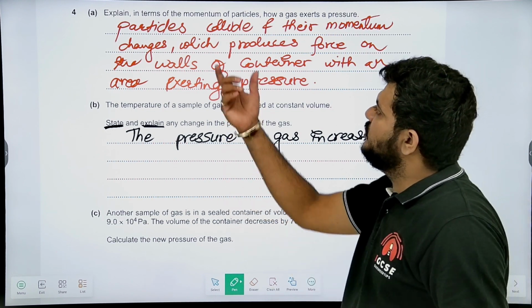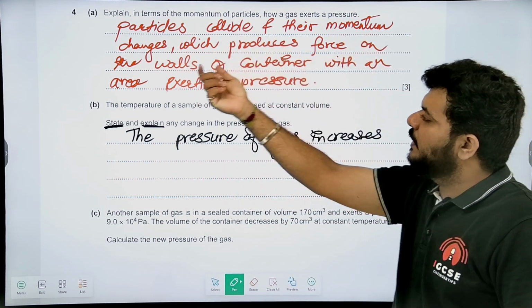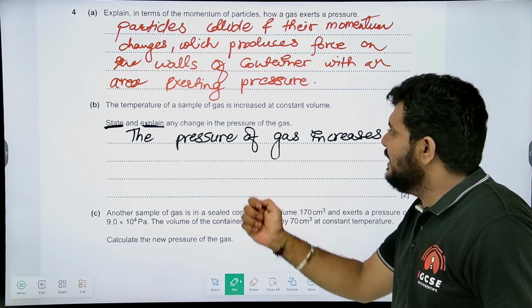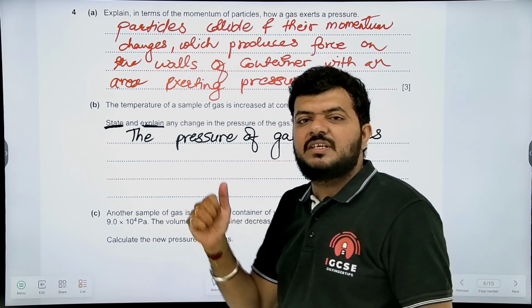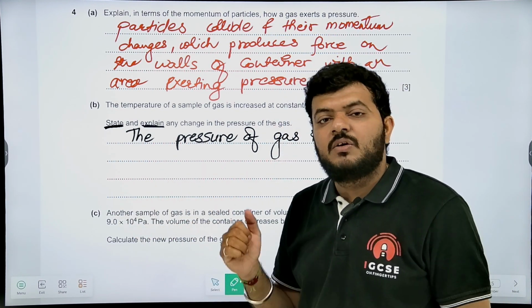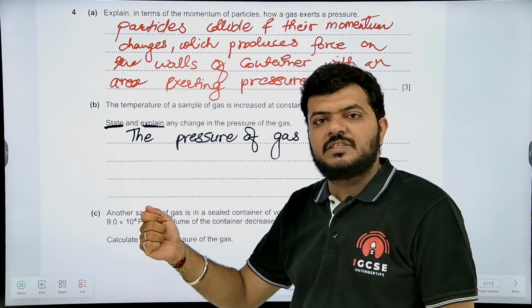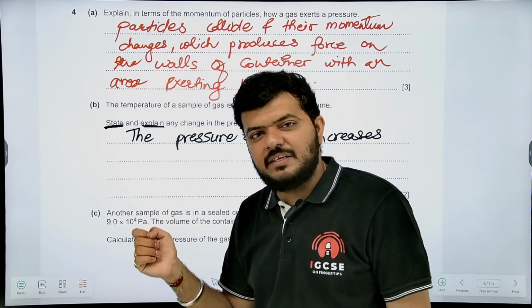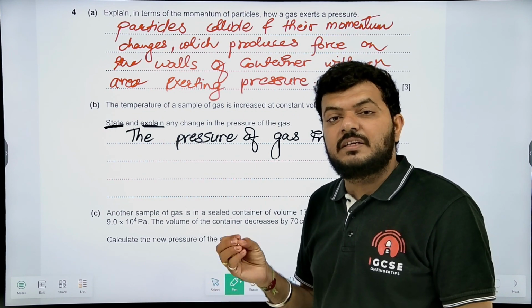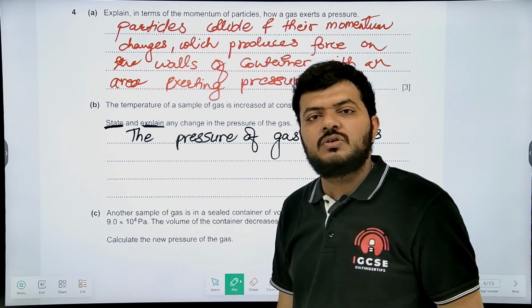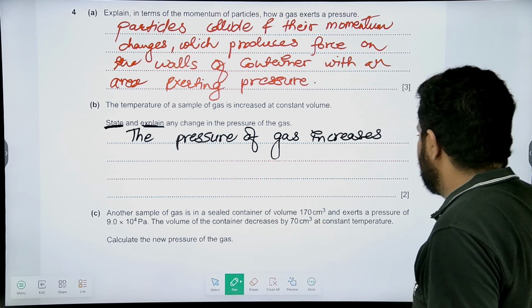Now what happens? You've just written that particles collide and their momentum changes. So when I heat gases, what happens? Their average kinetic energy increases. What does that mean? Their velocity increases. If their velocity increases, it is obvious that their change in momentum also increases, right? Let's understand this.